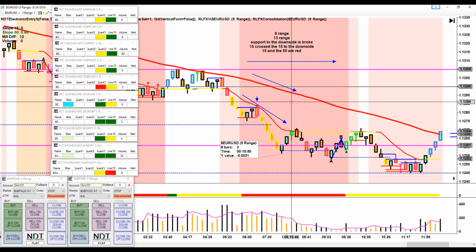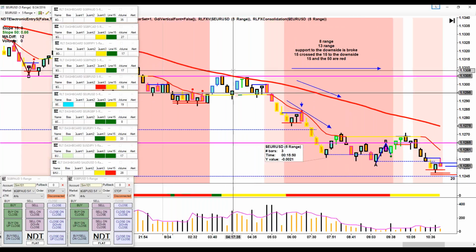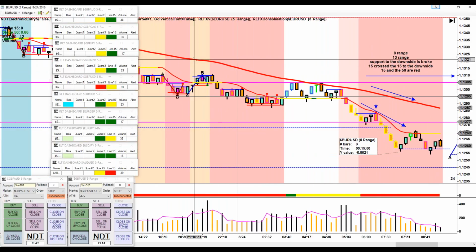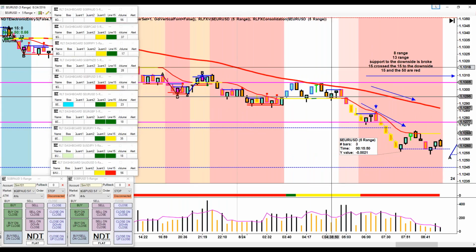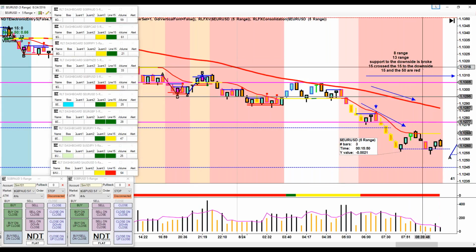Now our other colors signify weaker areas of either down movement or up movement, but they still tell you that the markets are correlating to the downside or to the upside. So the only difference between the dark pink and the teal color here is that here you've got support to the downside broken.